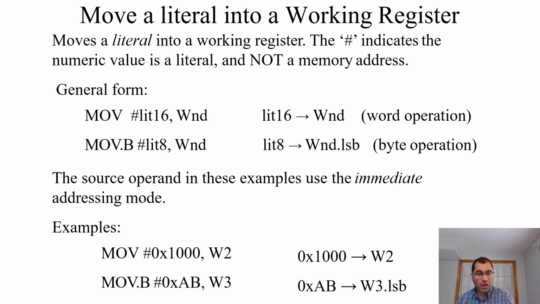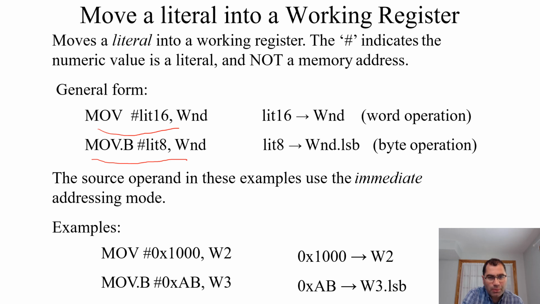So if you want to copy a byte literal, an 8-bit literal, then we put .b here. So for a byte literal, this is the instruction, and this is for a word literal or 16-bit literal.